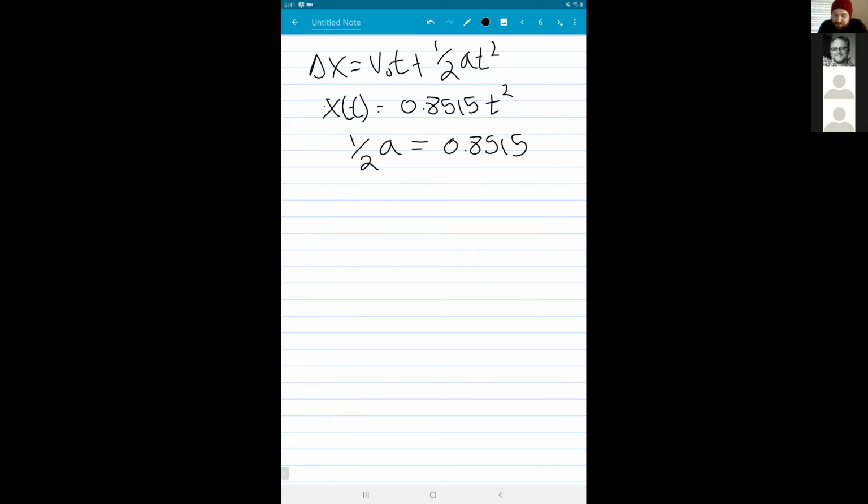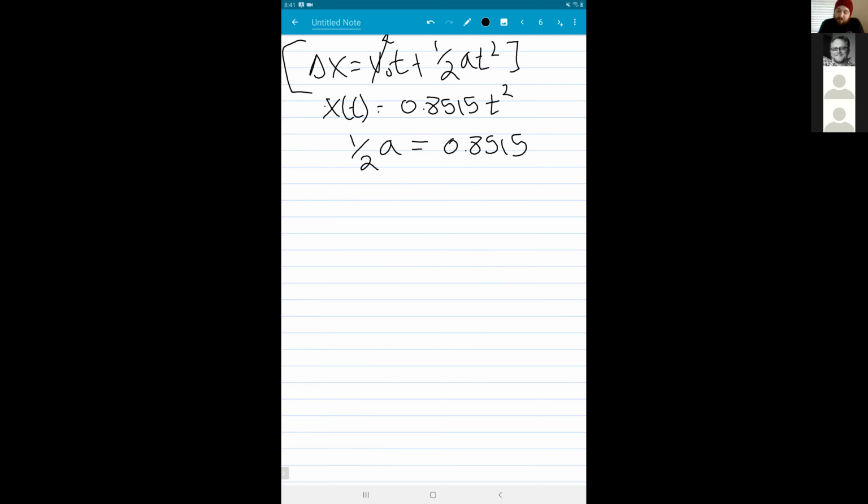Now, if you're looking at what I'm doing here, I'm basically giving away the first part, table 1.1. You can see that we tried to fit the data to this curve here. We got that the computer found that 0.8515 t squared, again, that's a typo there, is the best way to describe that curve. And we know that it's looking like this expression here, right? So then we just go ahead and equate the two. Well, looks like our single power t was multiplied by 0 in front, so this thing went away, so we don't have to worry about that.